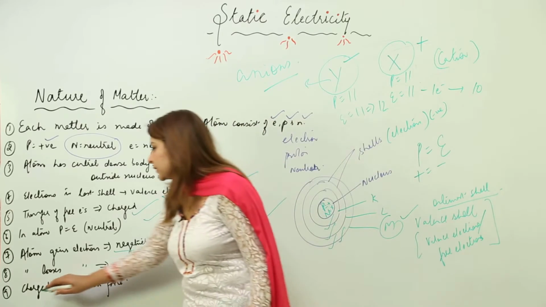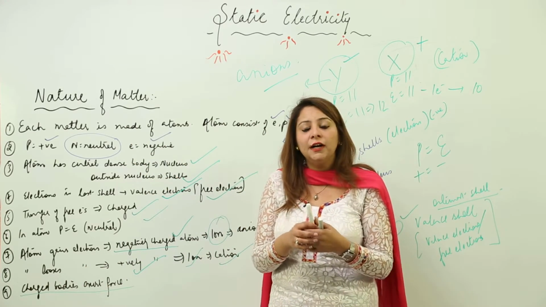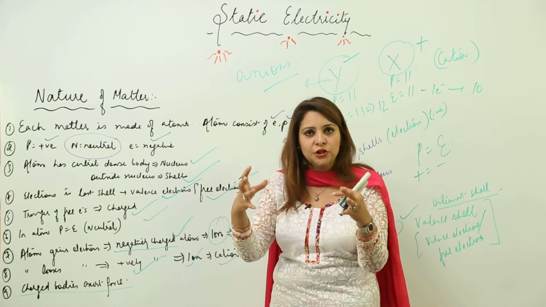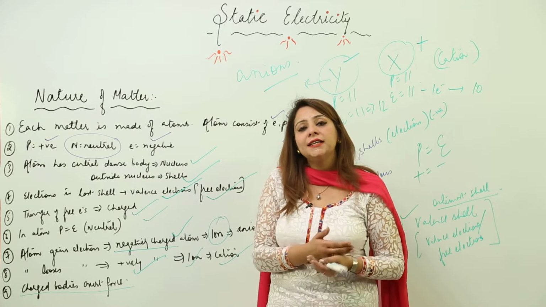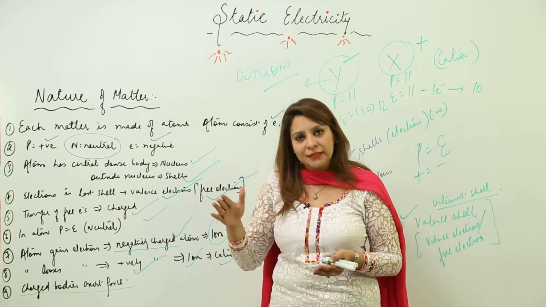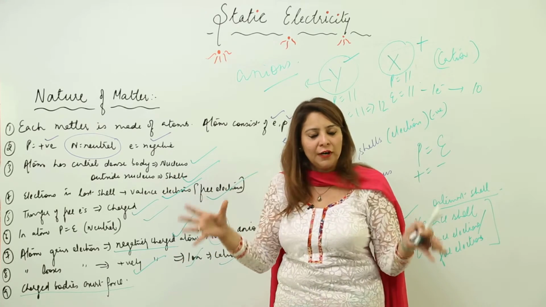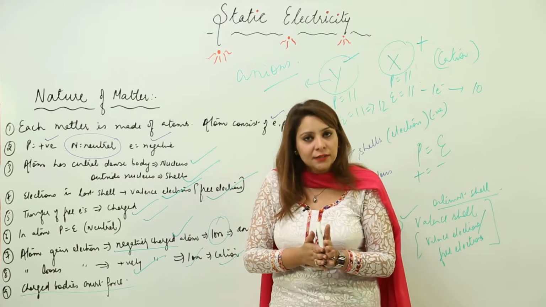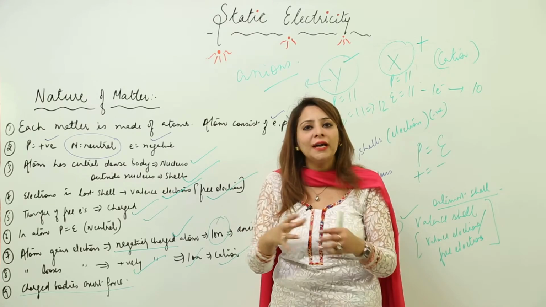So we can actually charge bodies, and whenever charged bodies approach each other, there is always an electrostatic force, which depends upon the charges. If the charges are the same, it is repulsive and they move far apart, and if the charges are opposite, they come closer and attract each other.